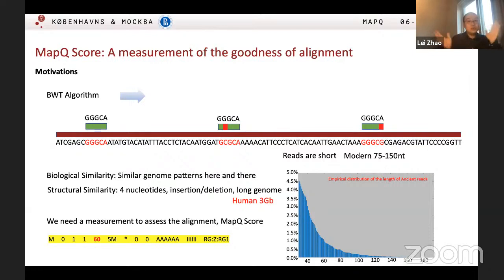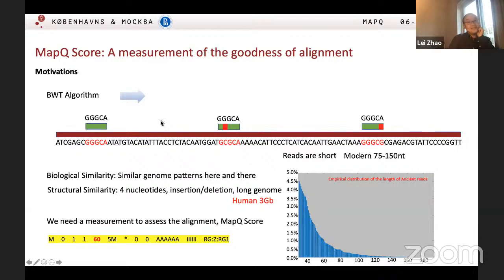This is just due to the simplicity of the elements. So no matter whether biological similarity or structural similarity happens, you can easily find that there'll be not only one unique position where you can align your short read.